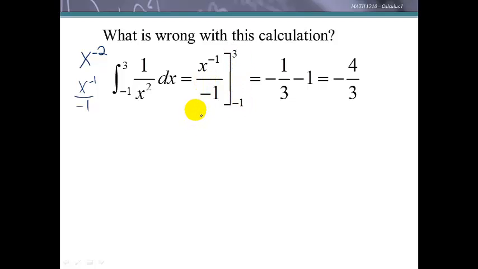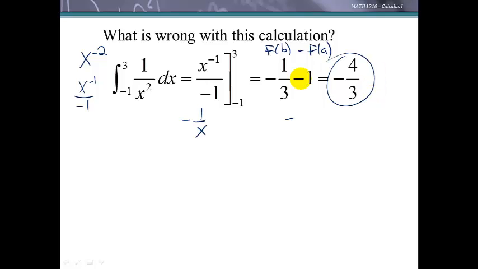So this would be equivalent of -1 over x, evaluated from -1 to 3. So putting in the 3, the -1 over 3, and then subtracting, putting in the -1 would make those a positive, but then we subtract because we're doing f of b minus f of a, and then combining those I get -4/3. So what's wrong with this?